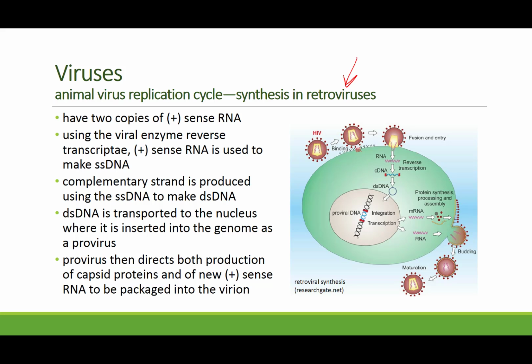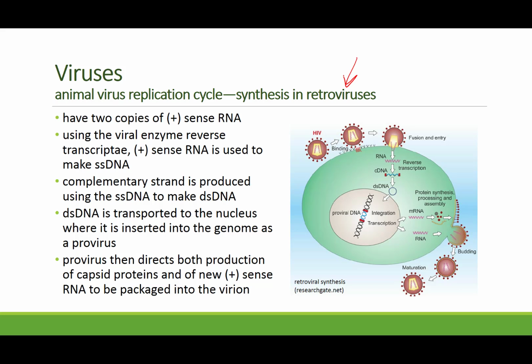That double-stranded DNA is transported to the nucleus, where we insert it as a piece of regular old DNA, but it's viral in origin, into the genome as a provirus, and then that provirus is read, just like we saw with the steps for the minus sense RNA. So essentially, retroviruses, although they don't have minus sense RNA in them, they do almost exactly the same steps as our minus sense RNA viruses do.